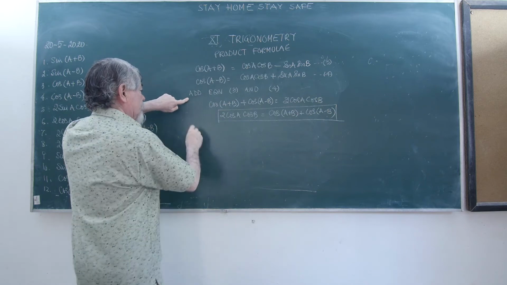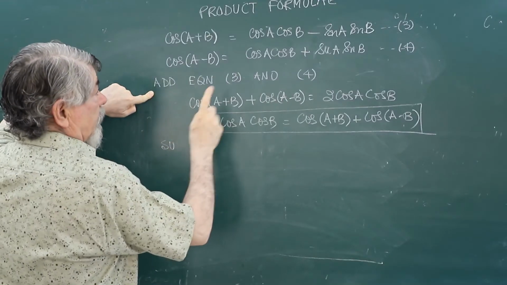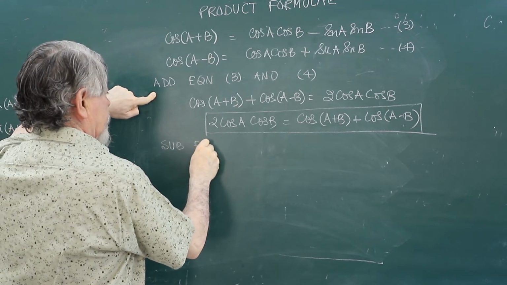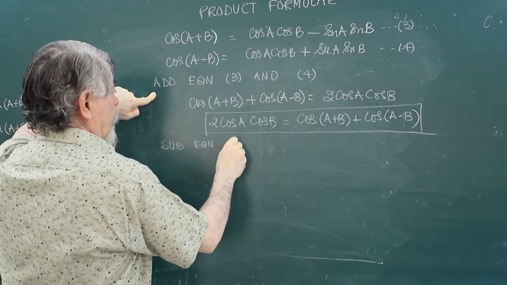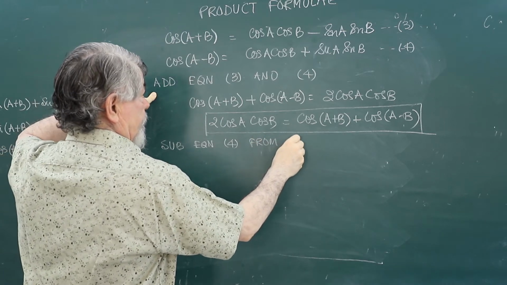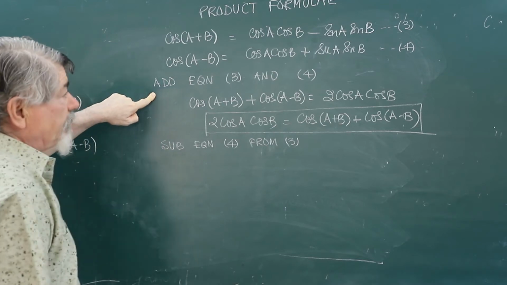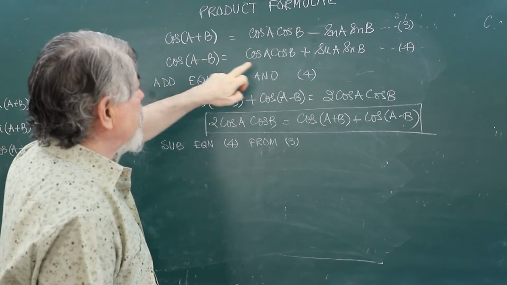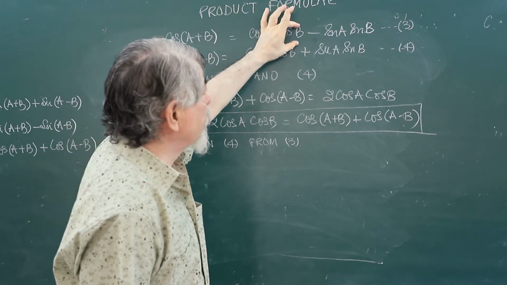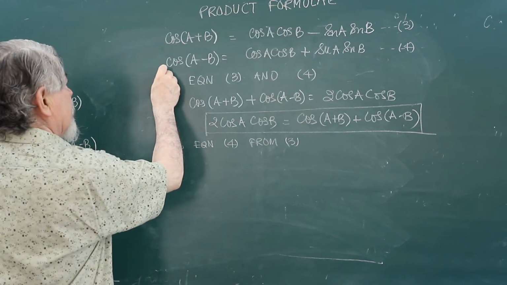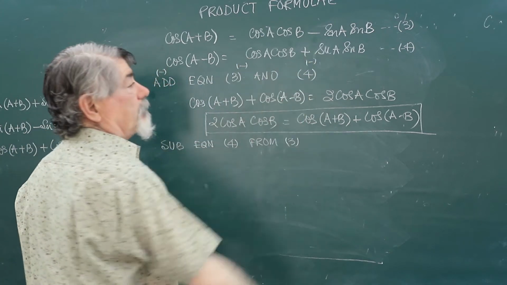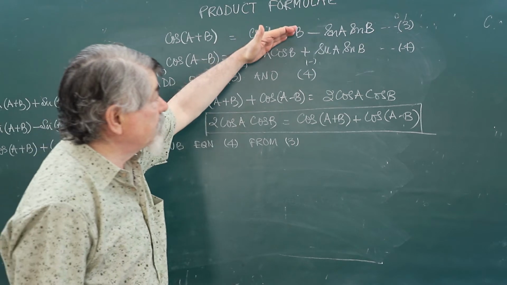Now we will subtract equation 4 from 3. So when we subtract, what will happen is that this term and this term will cancel. This is cos A cos B, and plus will come minus here, it will come minus here. So this term will cancel.